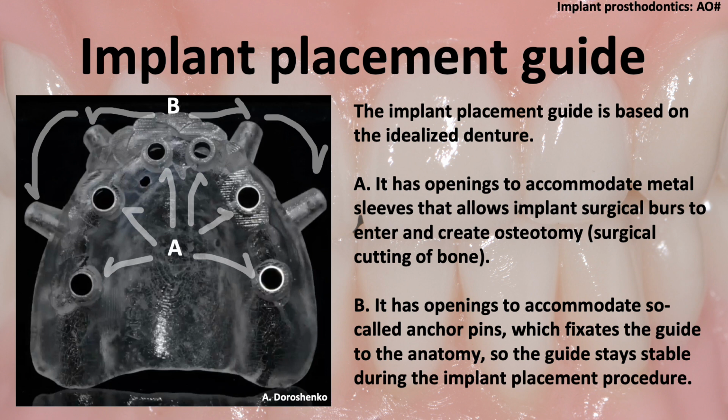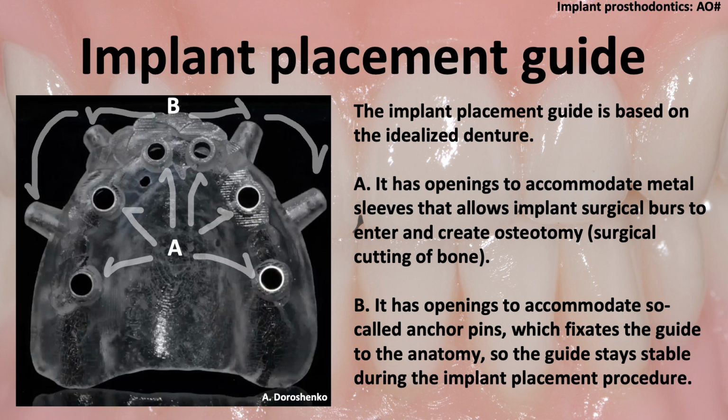I'm not sure, I think he mentioned, but just in case he didn't, there are also openings at the lateral aspect of the guide. There are thin pins that go through those openings to fixate the guide in the patient's mouth, and that allows the guide to stay stable while we're placing implants.